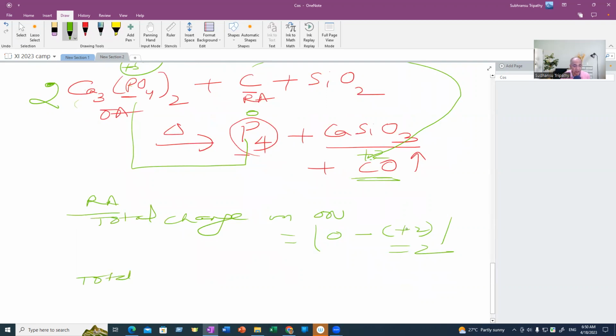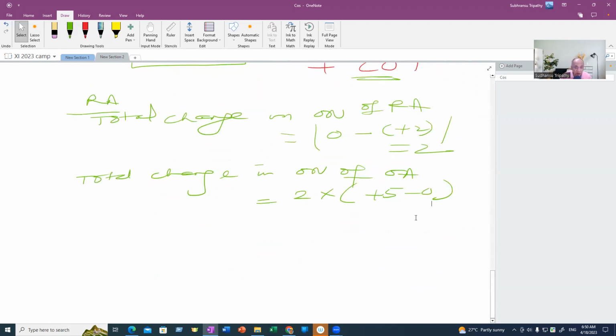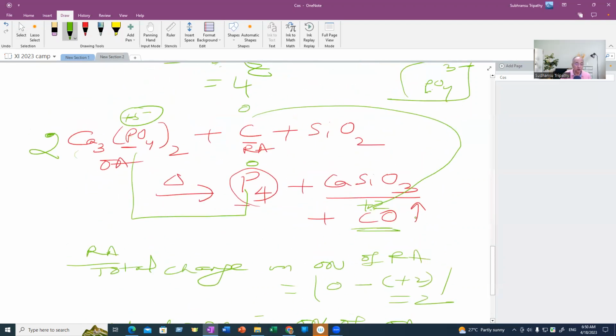So total change in ON of OA is equal to 2 into +5 minus 0. For 1 phosphorus it is 5, so 2 phosphorus are there in the reagent, so 10. So 10 is to be multiplied here.